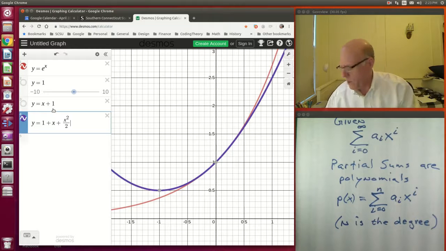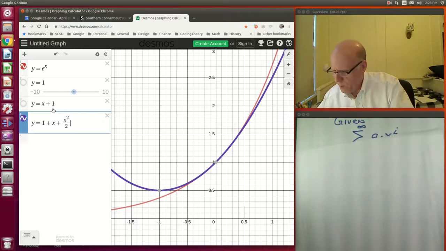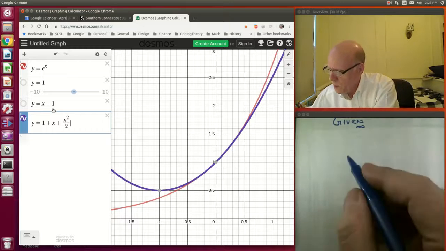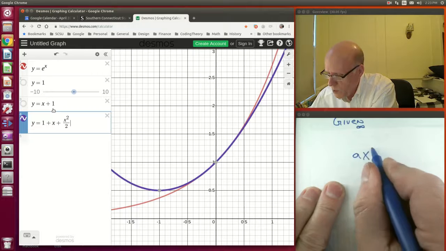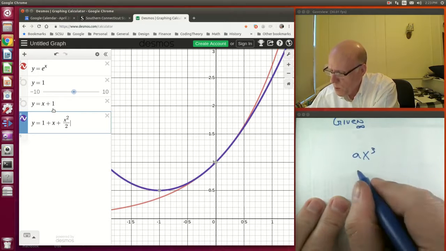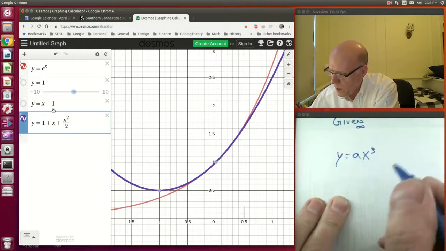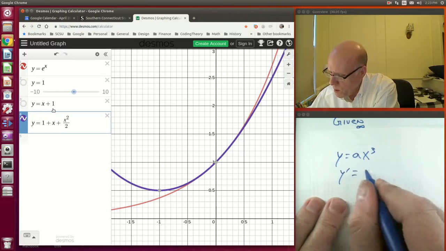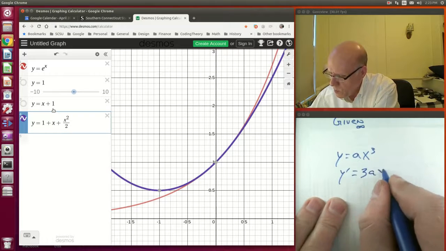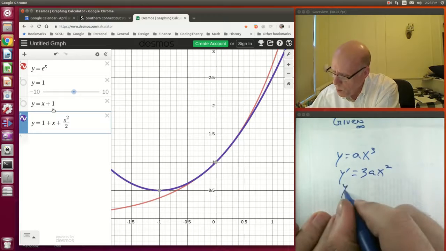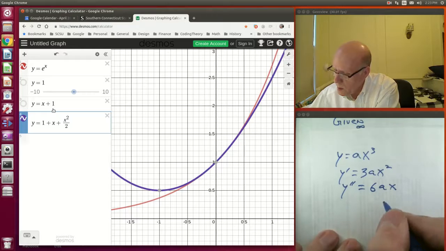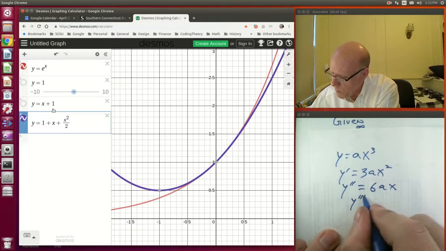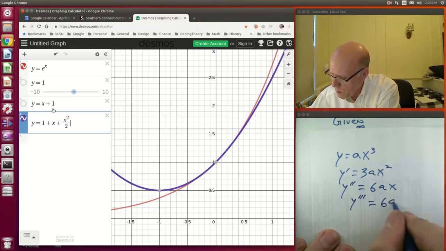And wow, that's a tough one. We should quickly take a look at that. If I have a third degree term that looks like a x cubed, then if y is that, y prime is 3a x squared, y double prime is 6a x, and so y triple prime is 6a.